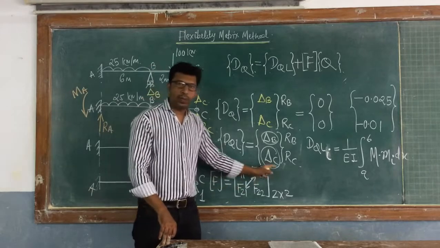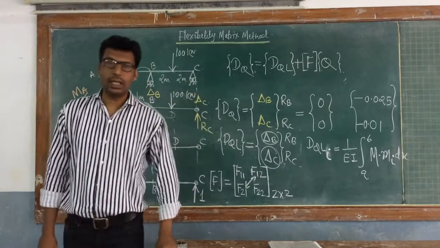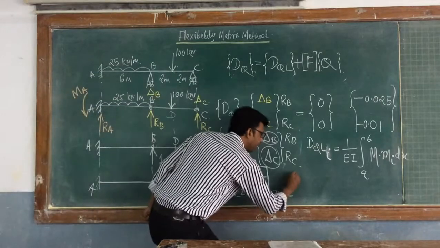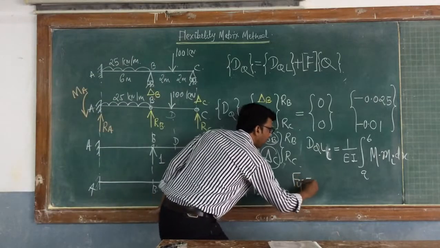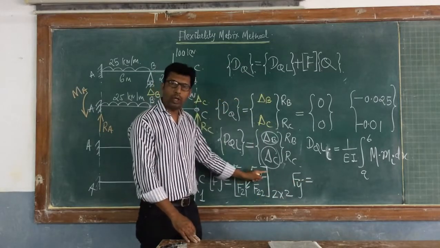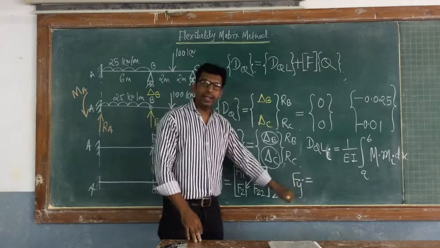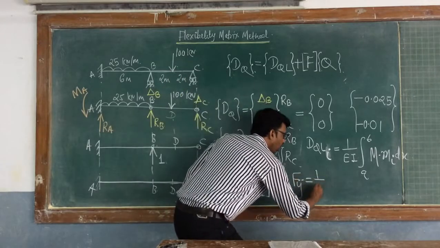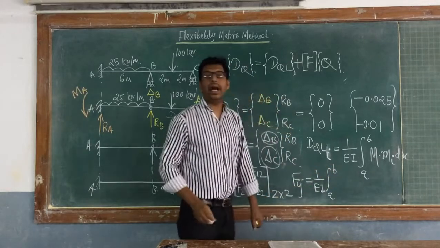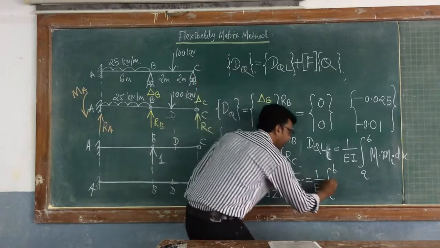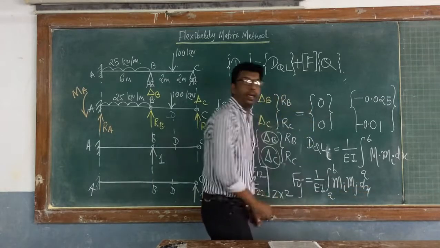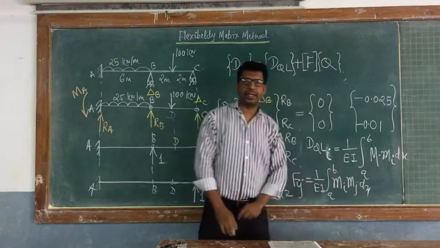Okay. Now to find the flexibility matrix coefficients also there is an integral formula. Fij, depending on the position 11, 12 and 22, Fij equals 1 upon EI integration A to B, mi into mj dx.